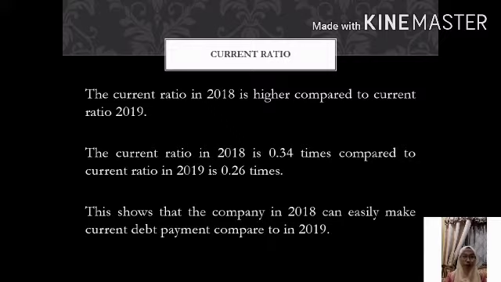The current ratio in 2018 is 0.34 times compared to 0.26 times in 2019. This shows that the company in 2018 could more easily make current debt payments compared to 2019.